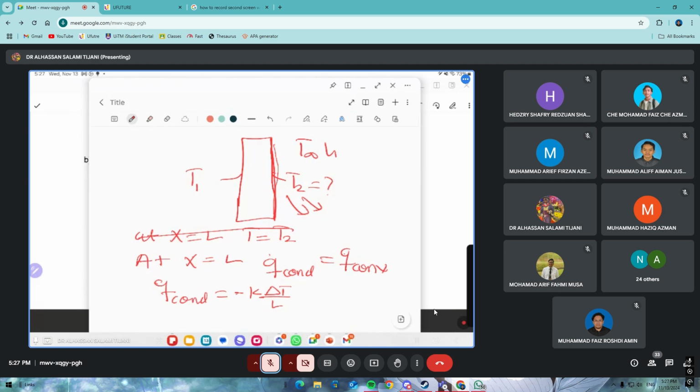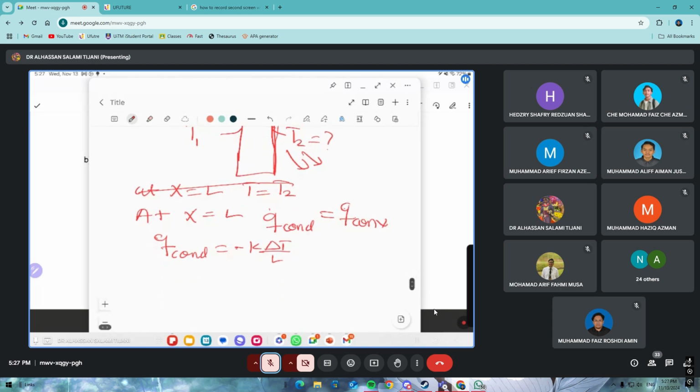Okay, so now we can mention that this also equals, for Q convection, is given by h T infinity.